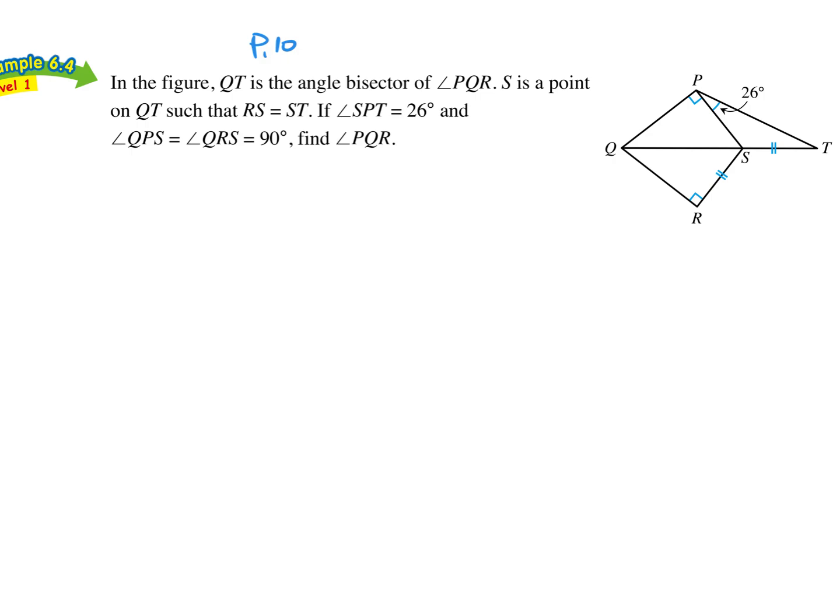Page 10. In the question, we can see that QT is the angle bisector of angle PQR. And hence, we have these two angles are equal.